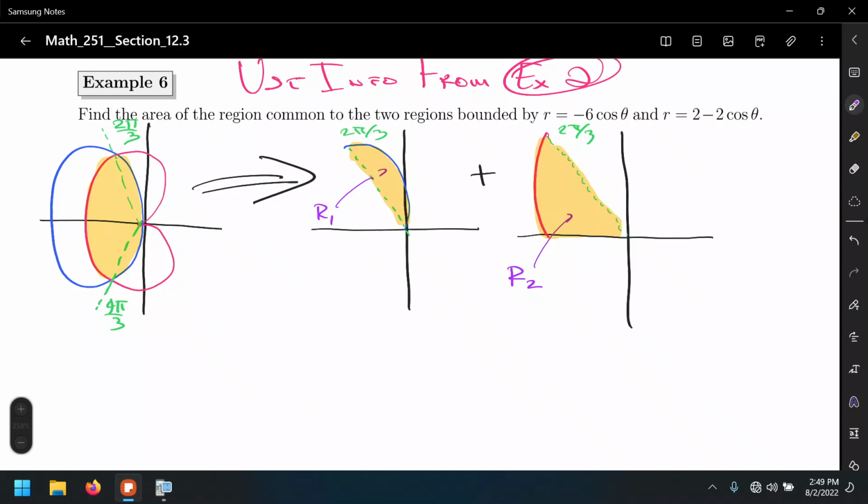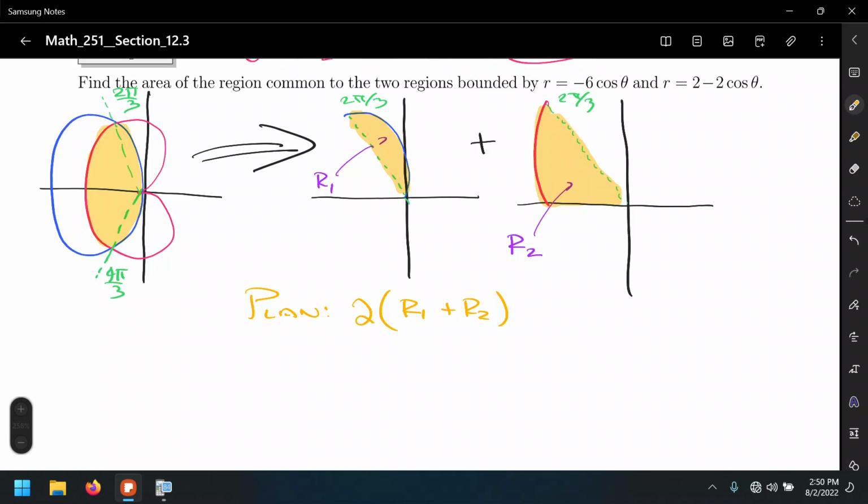So instead, the plan here is going to be 2 times R1 plus R2. That will get the area of the above part, and by multiplying this by 2, taking advantage of the symmetry property, we get the total area.